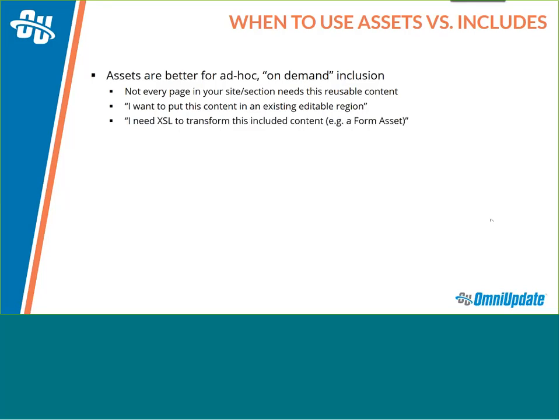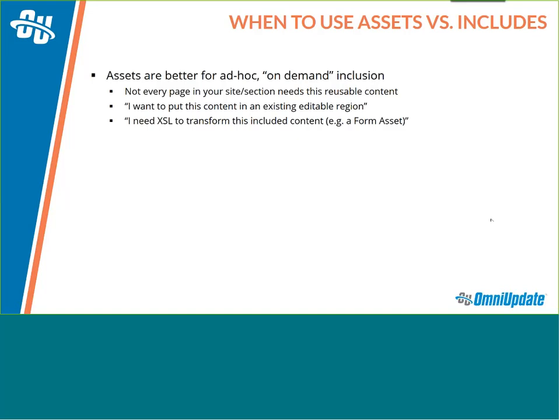And then also, if there's a situation where you needed XSL to act upon some of that included content, for example, a form asset or an image gallery where the raw XML that the asset actually creates is not what you want to be the final output, and you need XSL to bridge the gap, so to speak, that's another situation where you would want to use an asset.